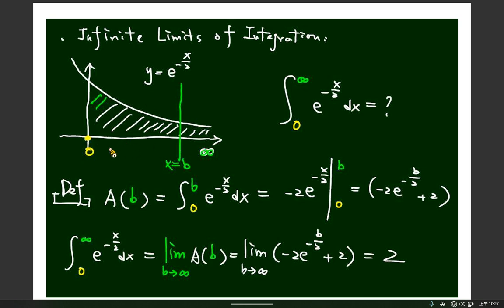Based on this, we can calculate the integral under this curve. So we will have a phase 1 process, where we calculate the integration from 0 to b, where 0 and b are finite numbers, so that we can get this form.